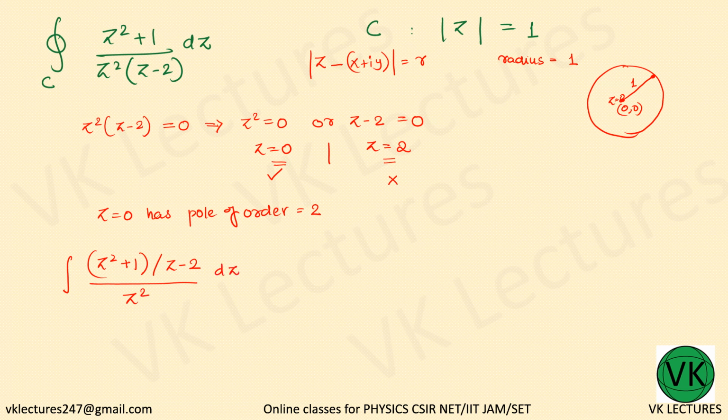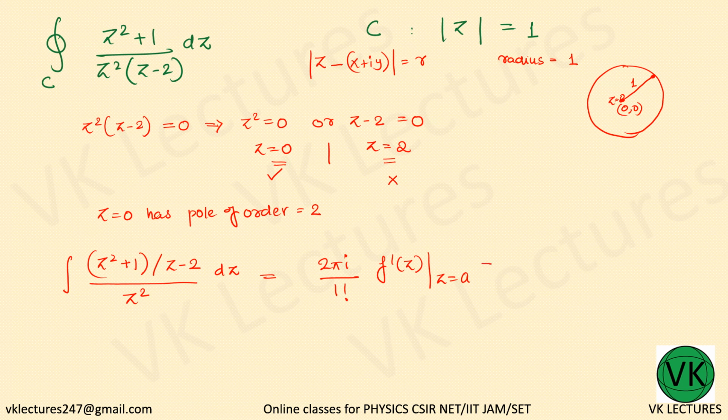Now since it is a pole of order 2, we can write this is equal to 2 pi i divided by, z square means n plus 1 is 2, so n will be 1 factorial. First derivative f dash of z at z equal to a. What is a? 0. The pole is 0.